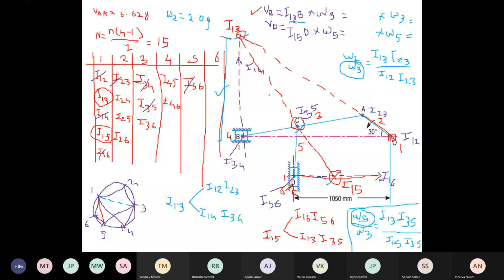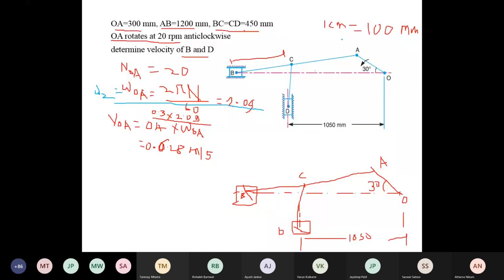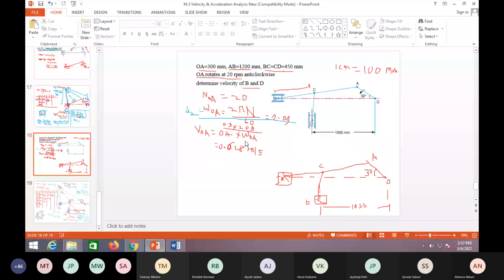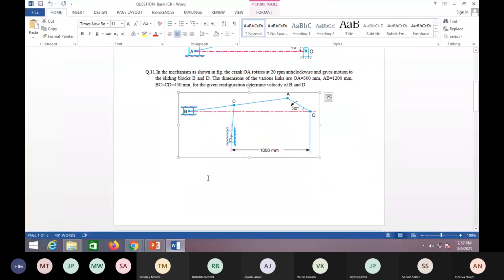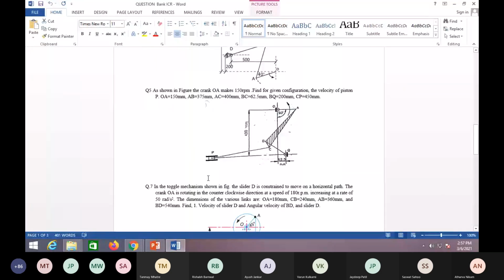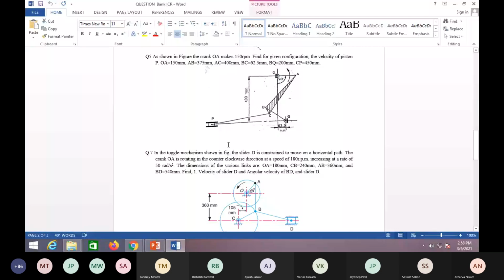Now this is the problem. Okay, now take down the next problem. We will see this one. Sixth number. Sorry, fifth number.